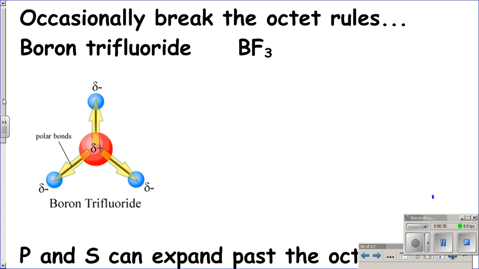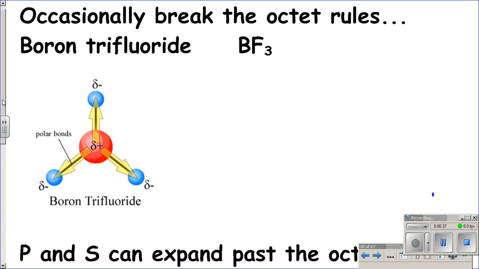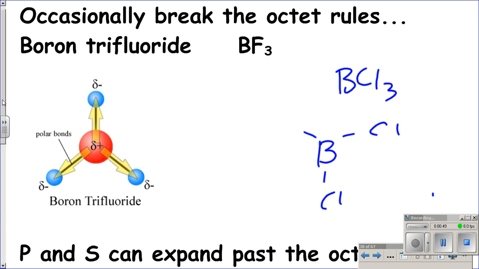Probably in a group. Okay, so commonly boron is a smaller molecule. It likes to break the rules because the octet rule is just a rule, not a law. You can break it. Boron trichloride. How did you guys draw this? What's the shape of this?